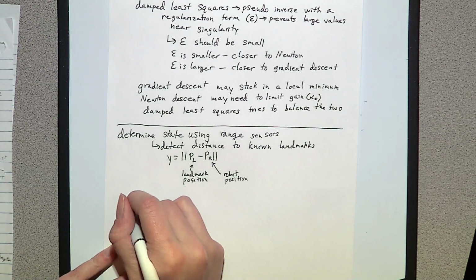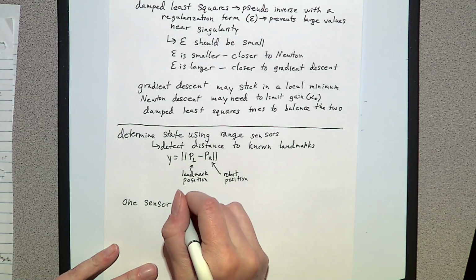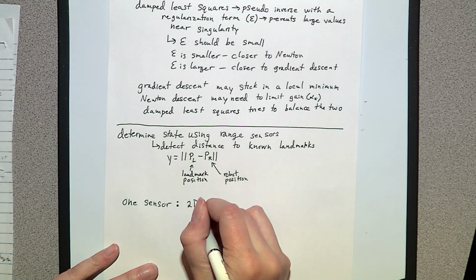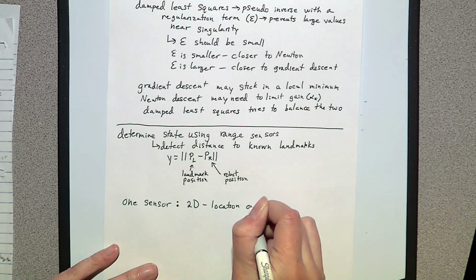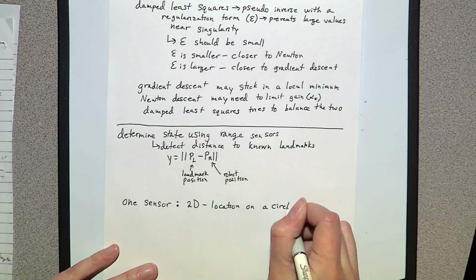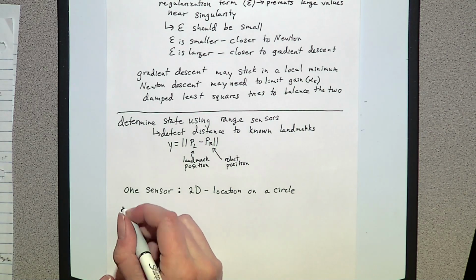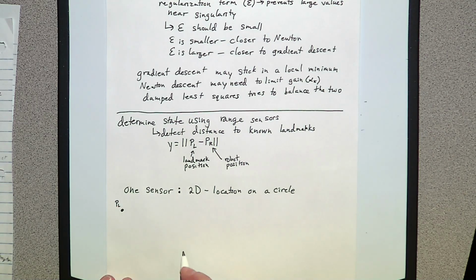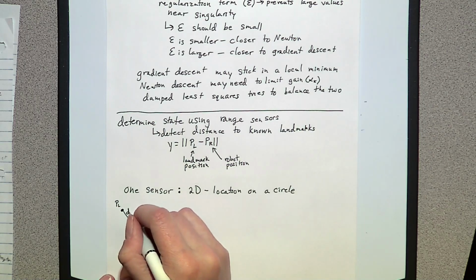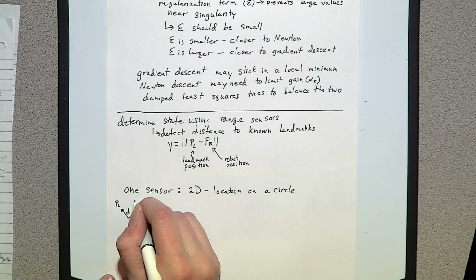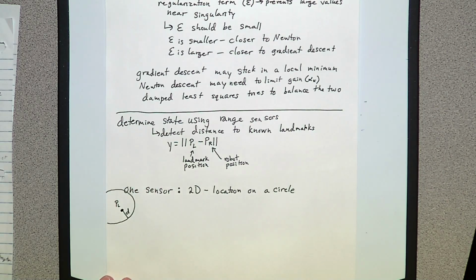So if we have one sensor, in the 2D case, what that actually tells us is a location on a circle. Why is that? If we have our landmark here, and all we have is a distance measurement, which we'll say is D, our robot could actually be at any point on that circle.